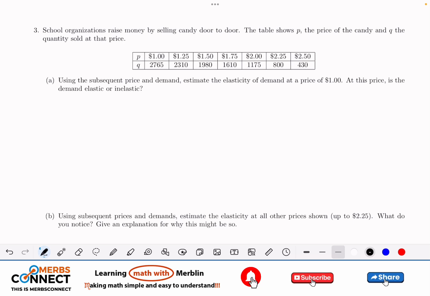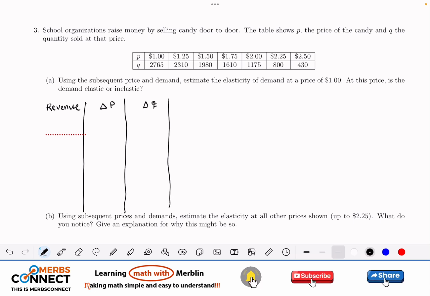So we have the price and we have the quantity there. So all I need is revenue. I'll create a revenue column, right? I need the revenue. I need change in price. I need change in quantity. So you see what we need. And then I need the elasticity. So these are the things that we need.